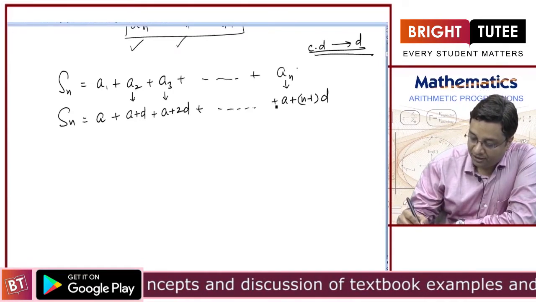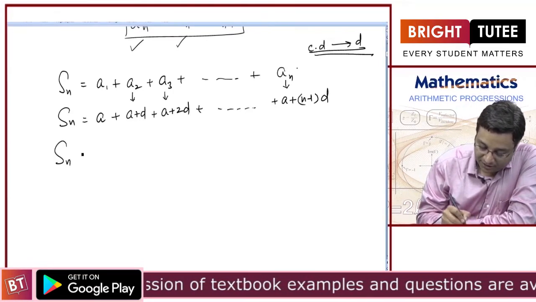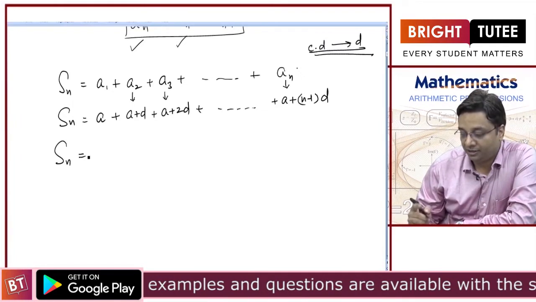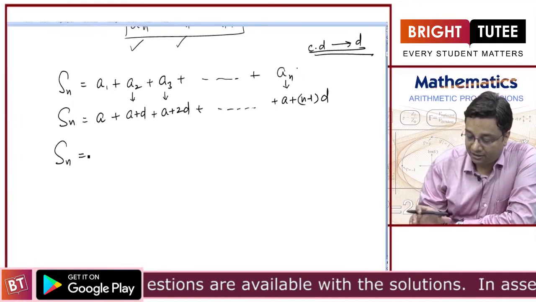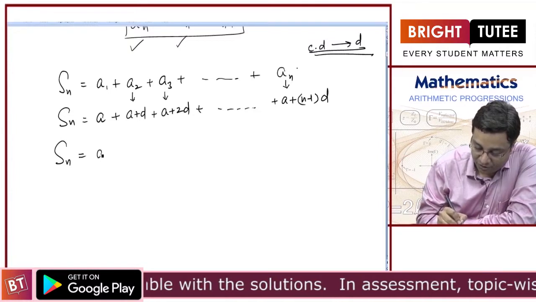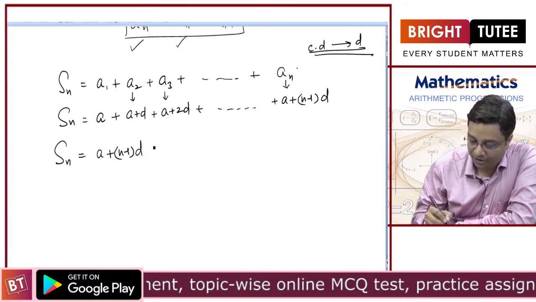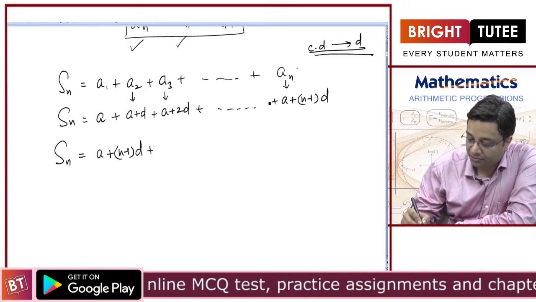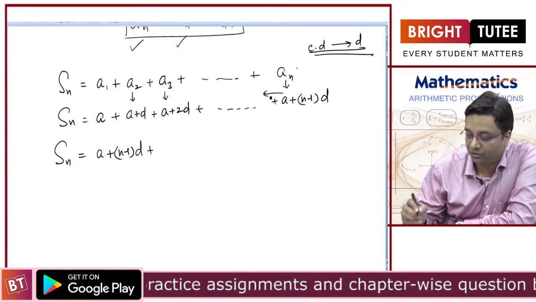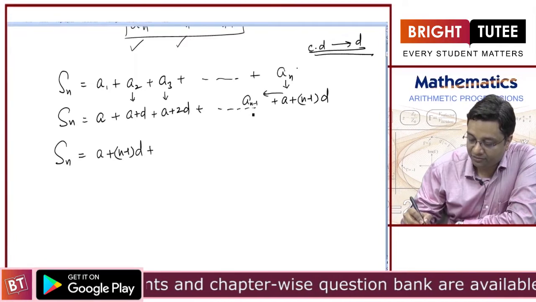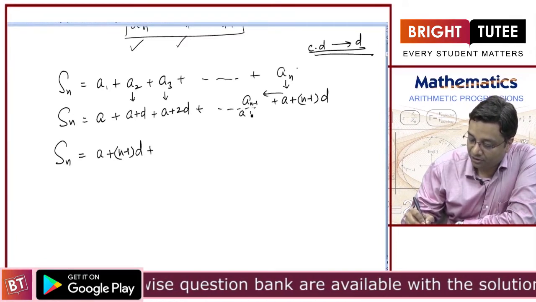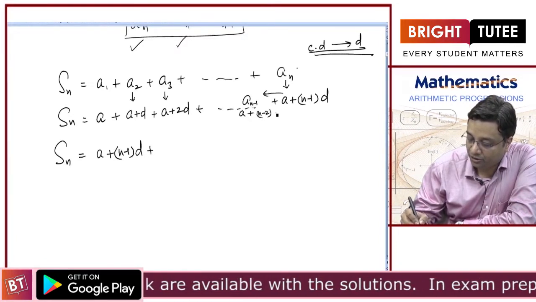Okay. Now to find this sum, I'll tell you one trick. If I write this sum the other way round, it won't make any difference to this expression, right? a plus (n minus 1) into d. What was the second last term before this a plus (n minus 1) into d? It was a(n minus 1), right? Which is equal to a plus (n minus 2) into d.